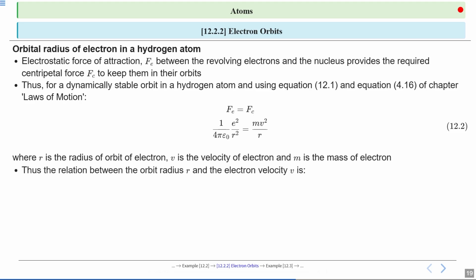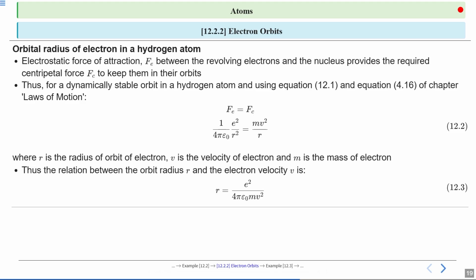So from this equation, we can solve for the relationship between the orbit radius r and the electron's velocity v. This tells us how the speed of the electron changes as its distance from the nucleus changes. If the electron moves faster, the radius gets smaller, and if it moves slower, the radius gets larger.